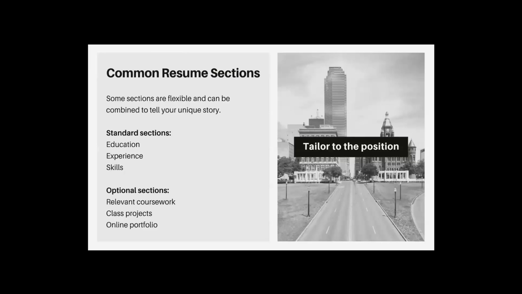And the class projects section is really great too for graduate students, because that's a place where you can actually show the skills that you've been building and how you've applied those skills. And for undergrads as well, to show the different kinds of projects that you're working on. What's important in this section is that you include what the purpose of the project was, what your role was, and what the results were.